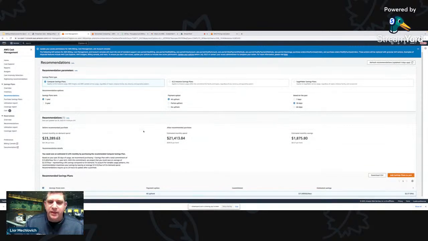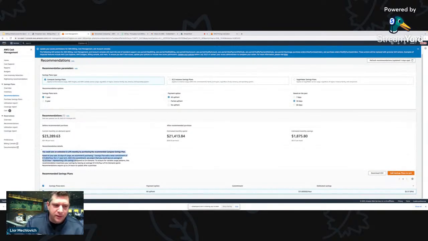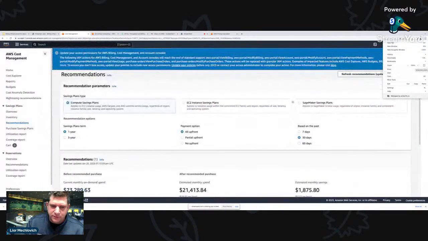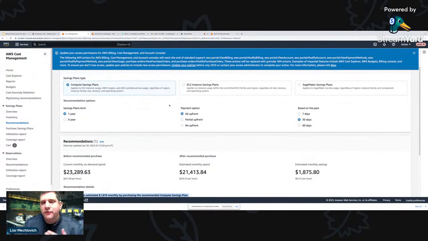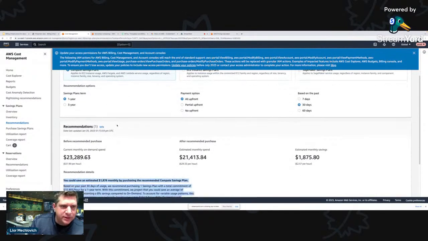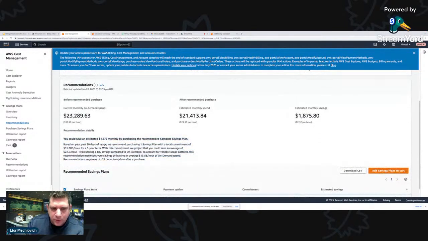There is a recommendation that they output, right? I'll enlarge that a little bit for a smaller screen. You can upfront commit to a usage, and we'll probably talk about this more, but you're going to commit to spend X number of hours, which translates to N number of dollars, and they give you an estimate of how much you're going to save if you are pre-committing to this, okay?